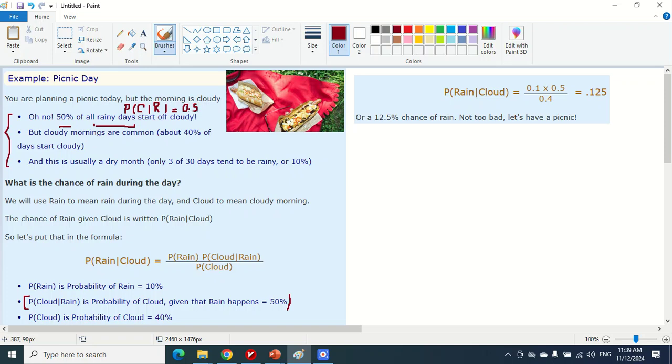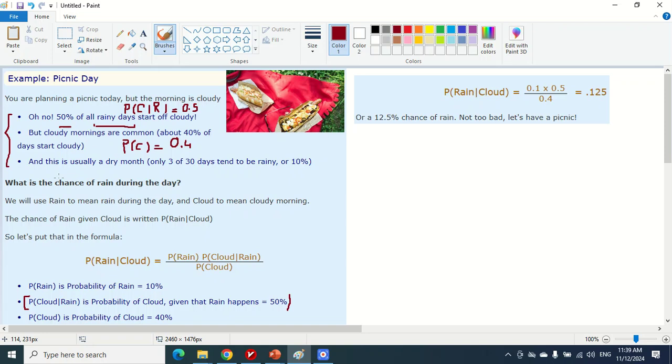The second one says that cloudy mornings are common. It's only about being cloudy, meaning the probability of cloudy days is given. The second fact determines the probability of cloudy days, which is equal to 0.4. The other thing given in the question is about the dry months over here.